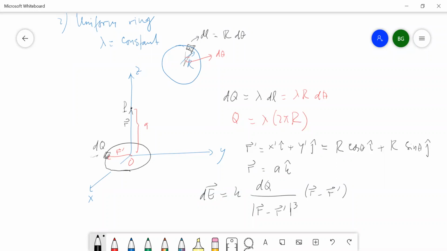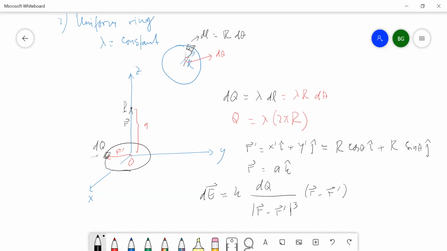In the calculations, did you treat it as a point charge?